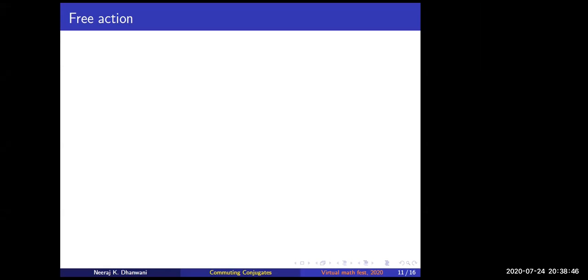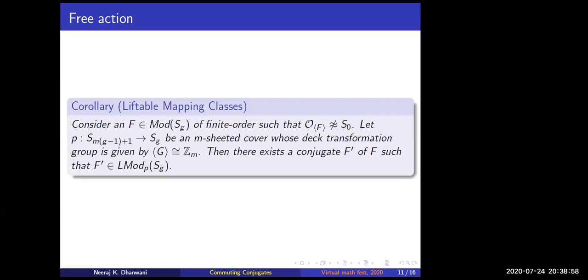Suppose your f is free, and you have a g which commutes with f. Then g induces a map on the quotient of f, which is again a compact surface. So what is the reverse? What is the liftability problem? If you have a surface below, when can you find a lift such that the lift commutes, or the lift exists? We are giving the answer to this problem.